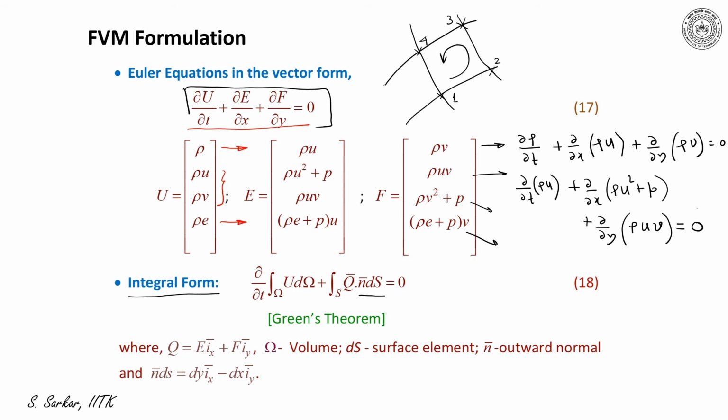Now for the surface 2 and 3, I'll evaluate η dS. How would I do that? η is the normal unit vector. So this is the η, right?